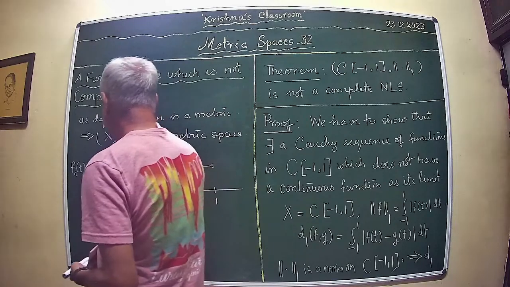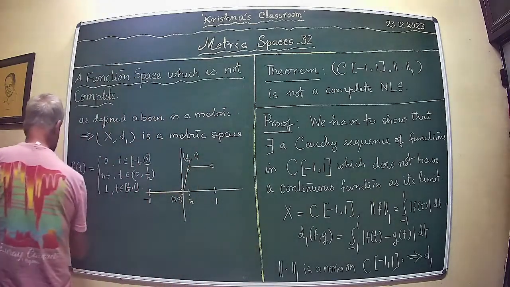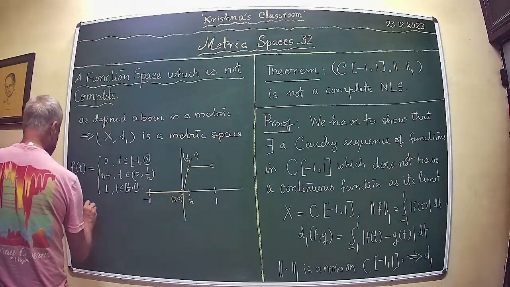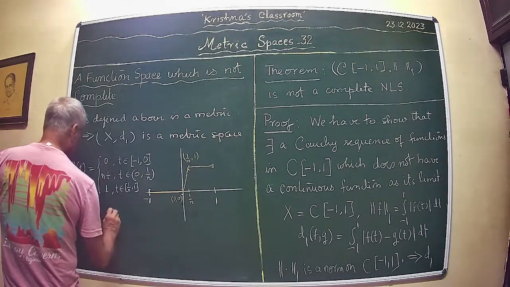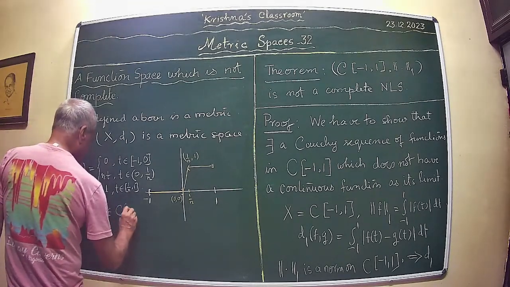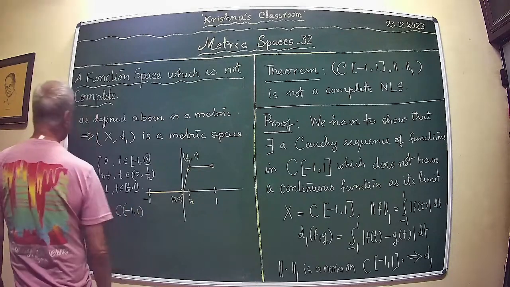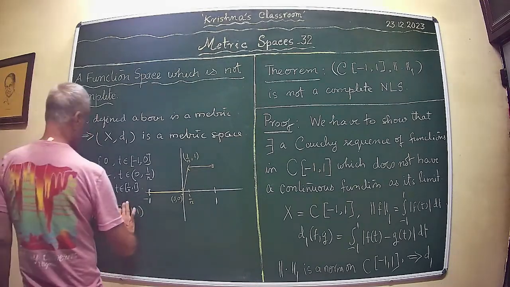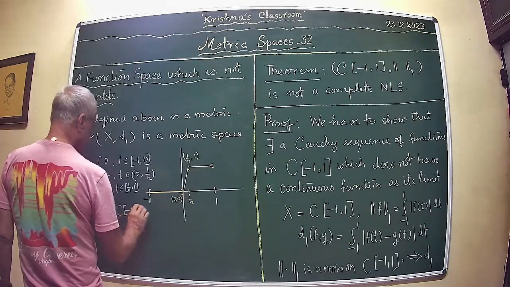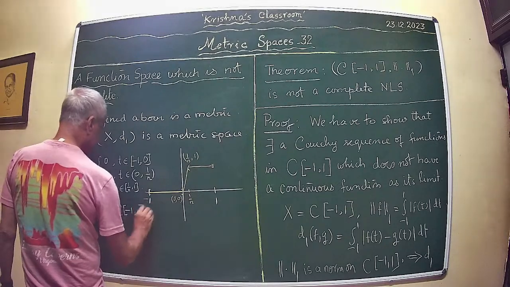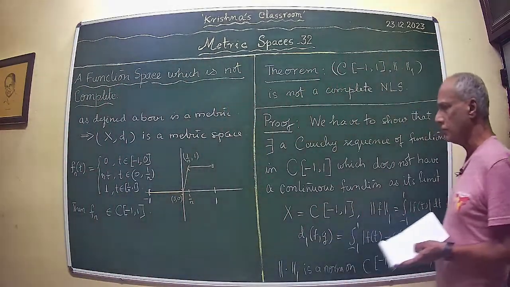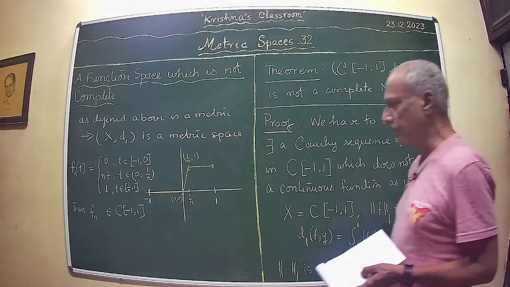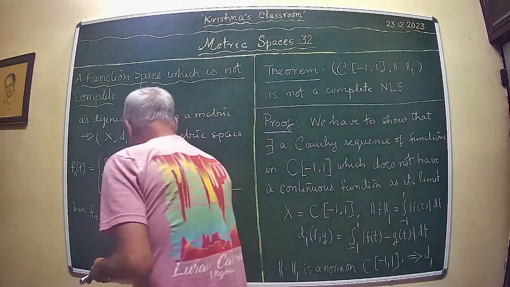Now you can easily see that it's a continuous function on the interval -1 to +1 for each n.